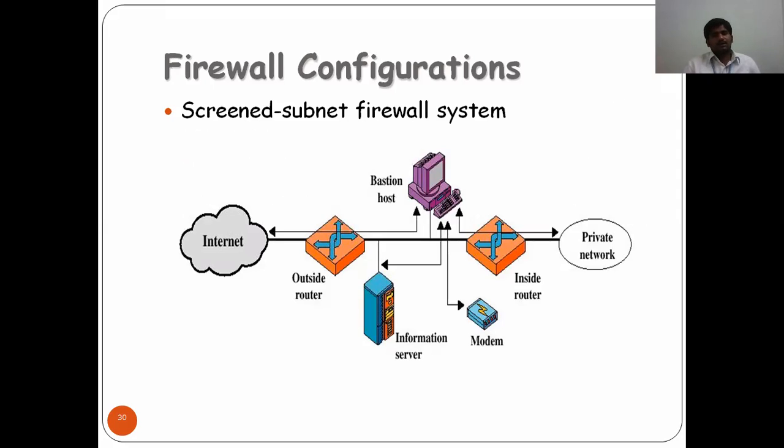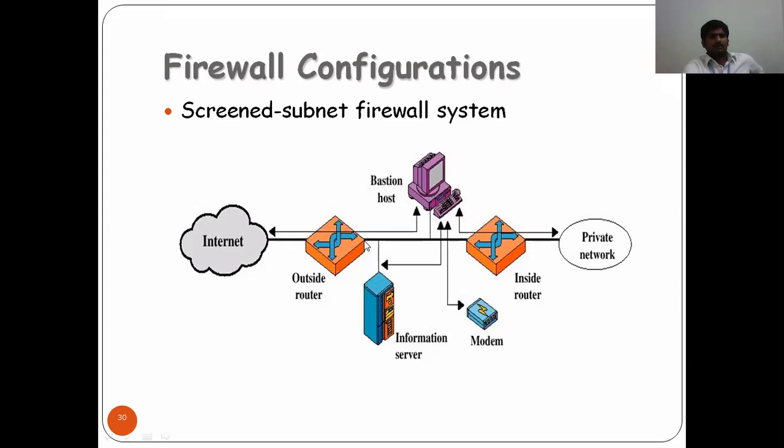See here, in the previous one we made a firewall between the internet and a bastion host and some private networks. Only one firewall. Here we are making some subnets, wherever we need a separate host or separate network to be placed. For example, through the internet, outside we may access from this router, where we have one firewall.